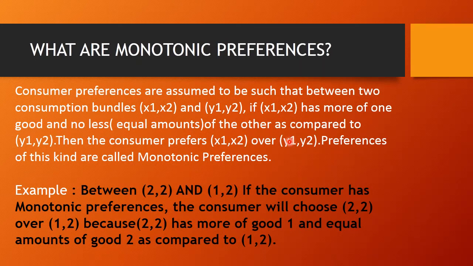Preferences of this kind are called monotonic preferences. You will understand better once we look at the example.